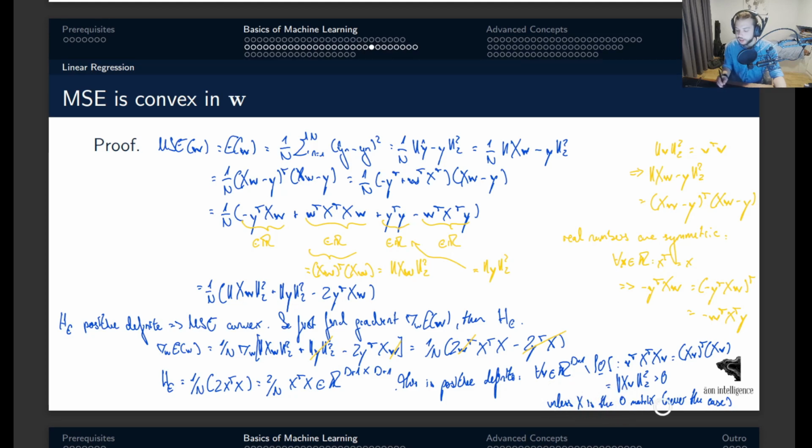And for this, it's never the case that X is actually the null matrix. This would yield the null vector in this multiplication, because a feature matrix which is the null matrix is essentially no observation at all. So as long as you have any observation, this will never be equal to 0, but strictly positive. And with that, we have shown that the mean squared error is convex in W.